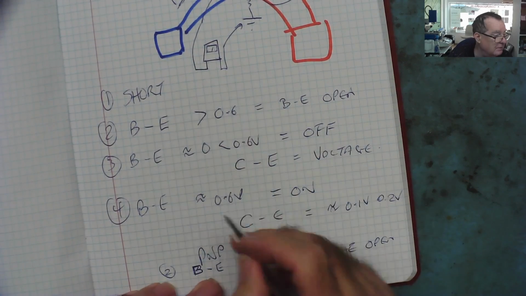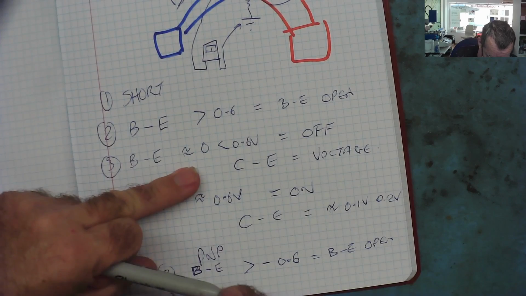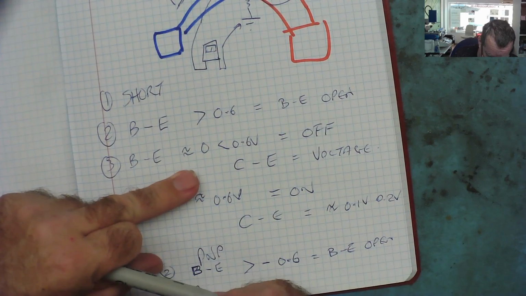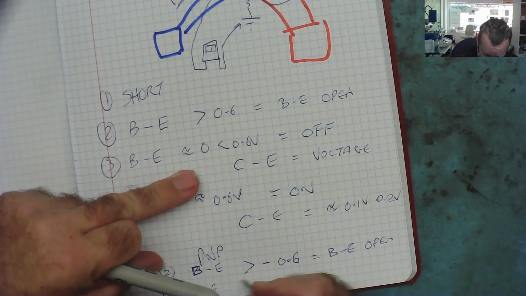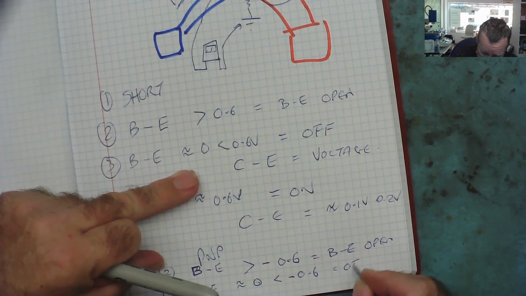The same as 2 there, it's just minus. I will write it out again for number 3: if base to emitter is about 0, or it's certainly less than minus 0.6, the transistor is off.